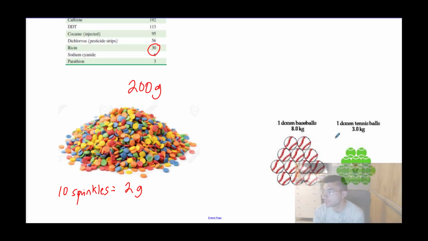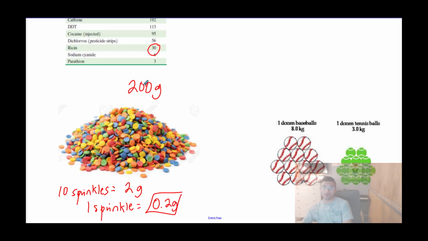So if we have 2 grams for 10 sprinkles, that means that each sprinkle is equal to about 0.2 grams, right? If we divide that, one sprinkle, about 0.2 grams.